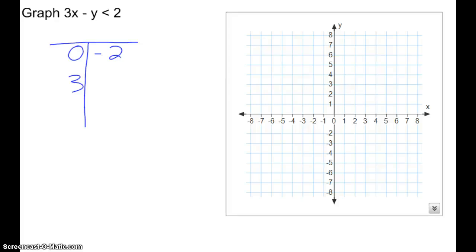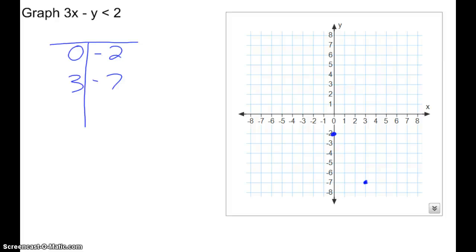Subtract the 9, you get 7, be a -7. I would then graph those 2 points. 0, -2 would be roughly here. And 3, -7 would be here. Okay, I know it has a negative slope, a -3 for my slope. So I'm going to go down 3 over 1.